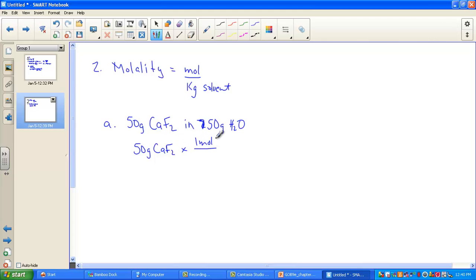Using a molar mass to convert, I'll need to add that for us. We have calcium contributing 40, plus 19 times 2 from the fluorine, about 78 as its molar mass. 50 divided by 78, and I have 0.64 as our number of moles.